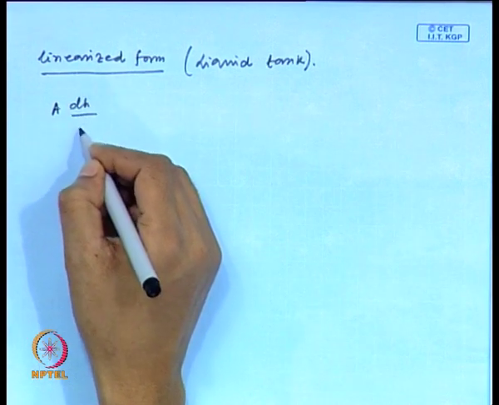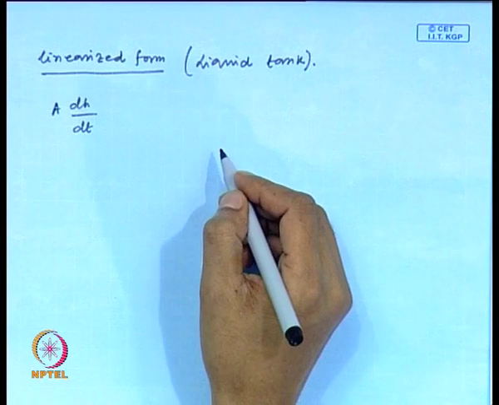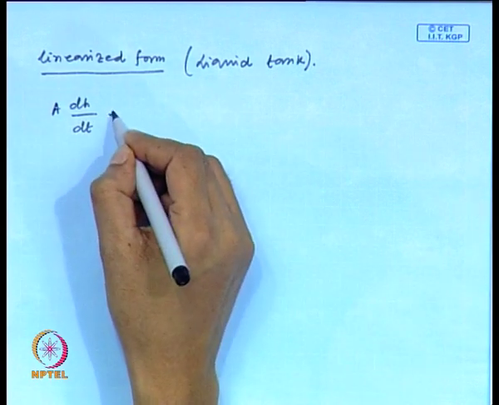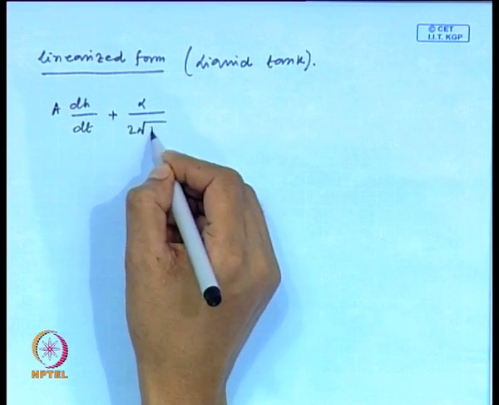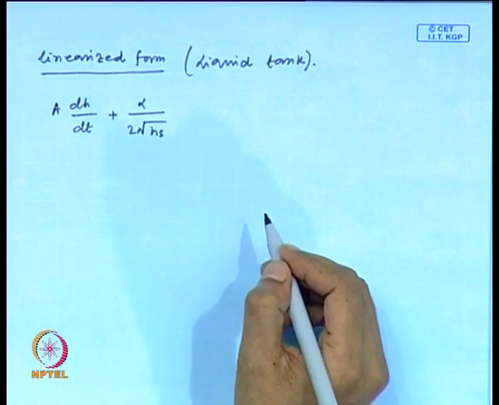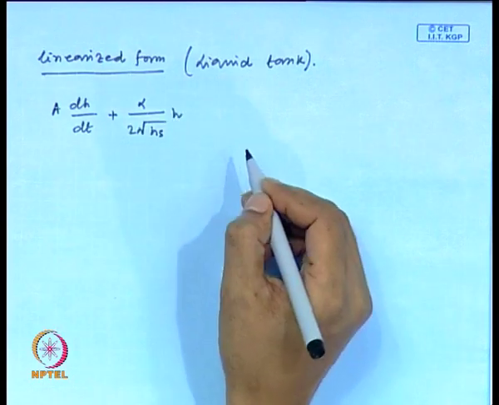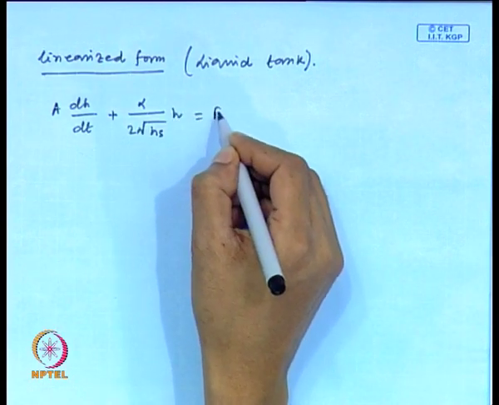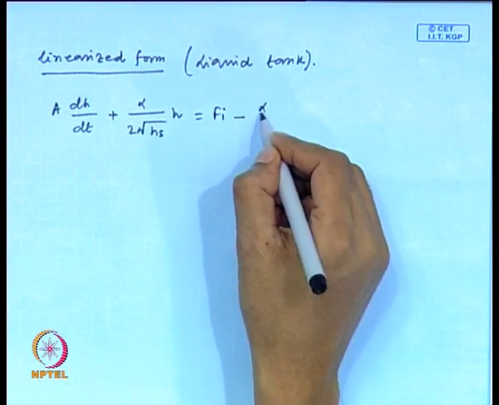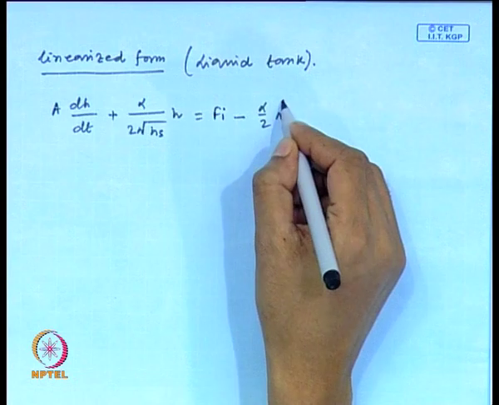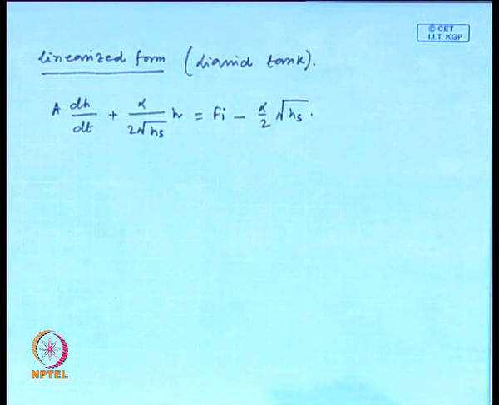So, the linearized form is A dh dt plus alpha divided by 2 root hs multiplied by h equals F i minus alpha by 2 root hs.